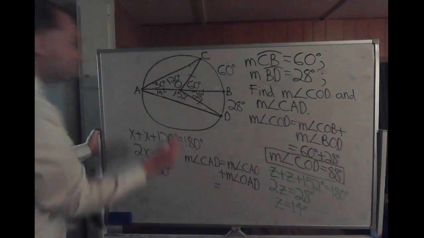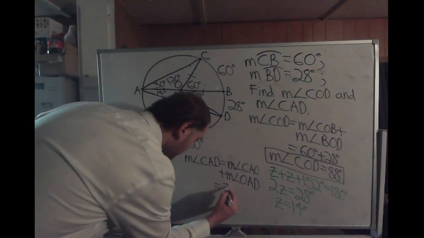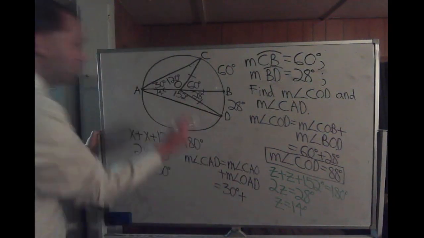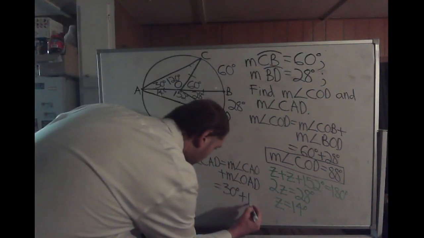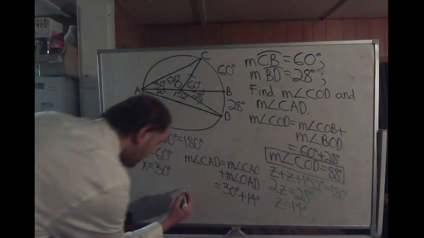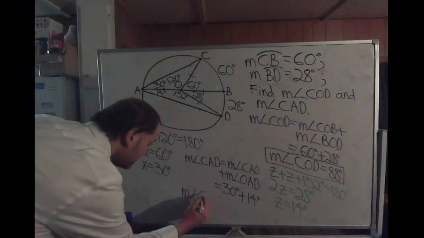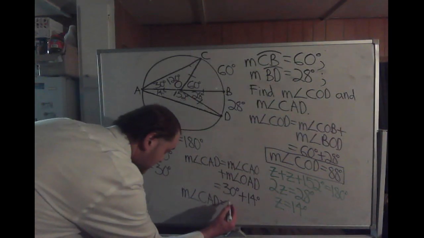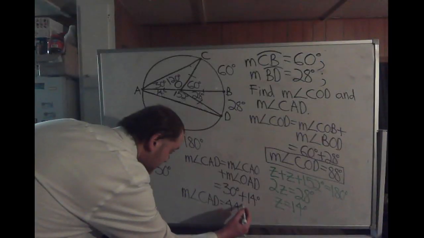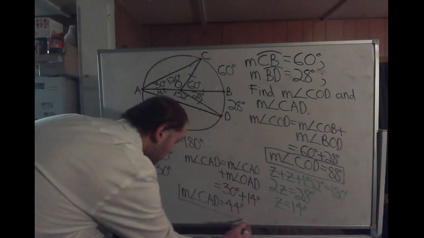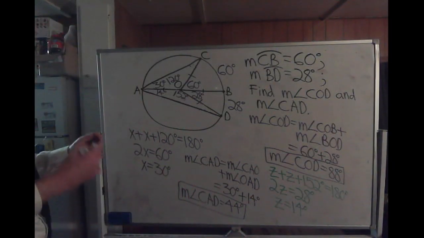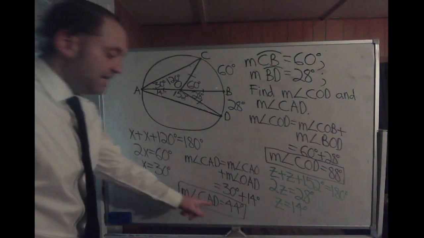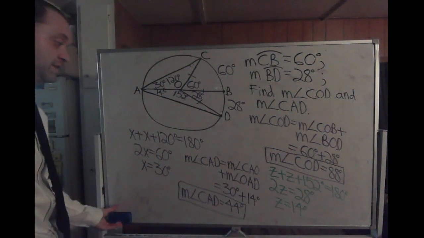CAO has a measure of 30 degrees, and the measure of angle OAD is 14 degrees. So that means that the measure of angle CAD is 30 plus 14, which is 44 degrees. So we get that the measure of angle COD is 88 degrees, the measure of angle CAD is 44 degrees.